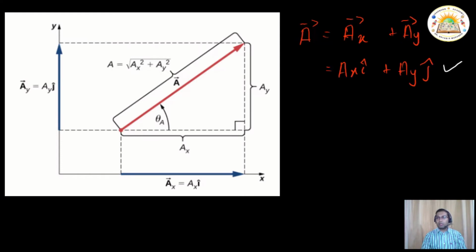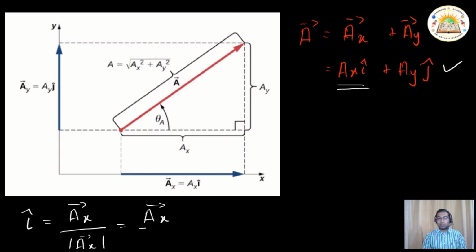Now if you look at this, we can actually arrive at the second equation that I have written using the unit vector understanding. Now i cap is the unit vector along x-axis. So we should write ax vector by modulus of ax vector, which is nothing but ax vector by ax, or ax vector is equal to ax i cap.